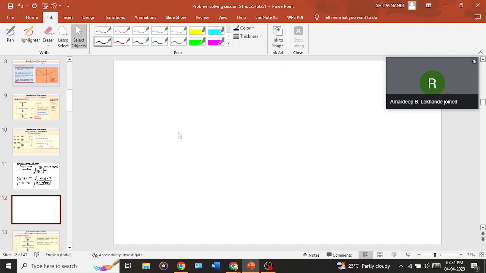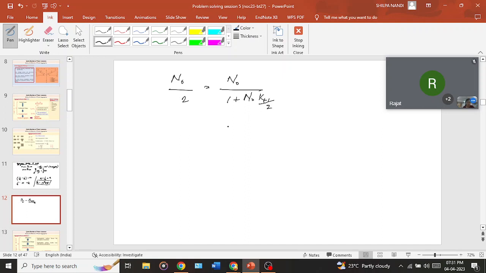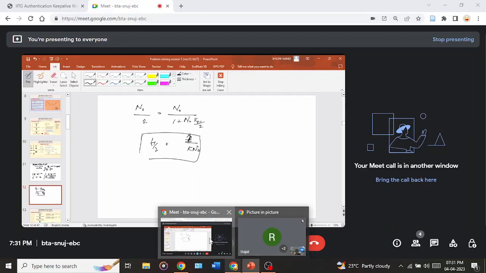So here, n naught by 2 is equal to n naught by 1 plus n naught kt at half. So t half will become 1 by k n naught. So this is 1, right? So I hope you got this one.